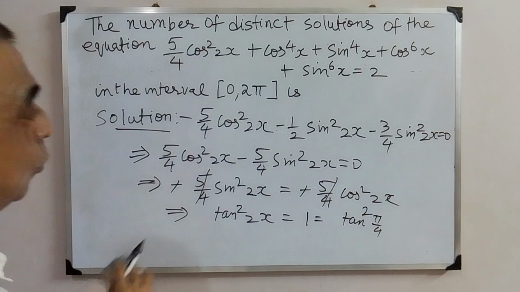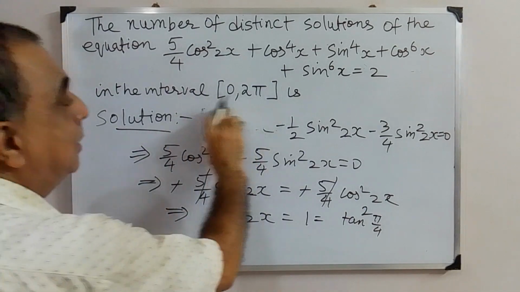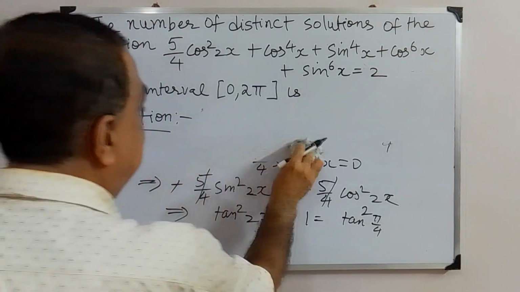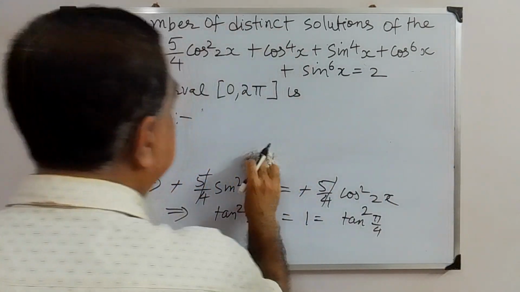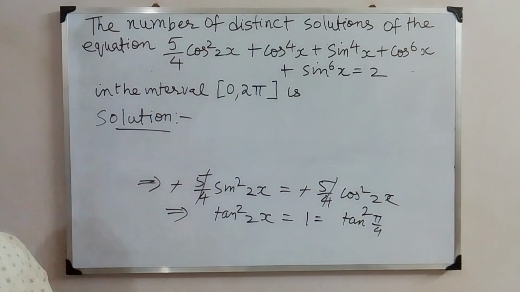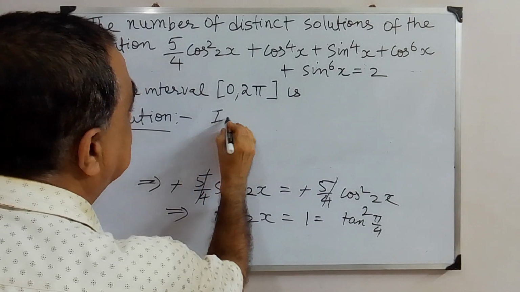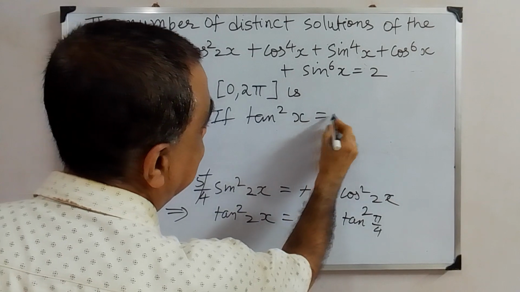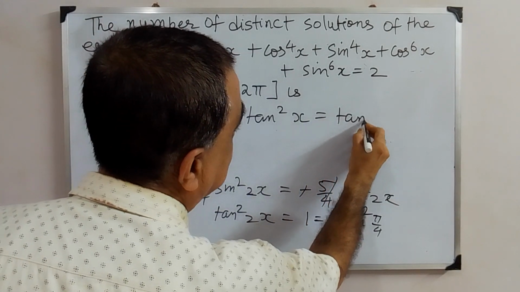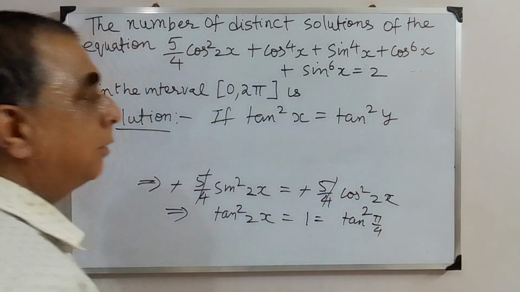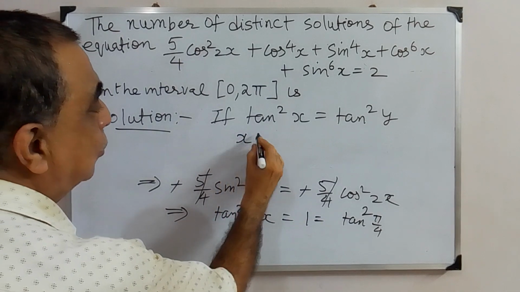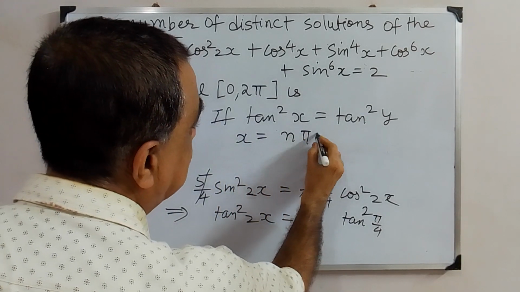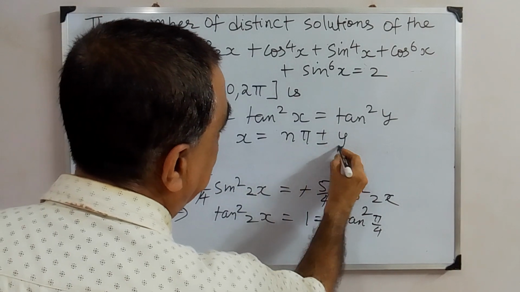So what we know is, we know this formula that if tan squared x is equal to, suppose, tan squared y, then x is equal to n pi plus minus y.